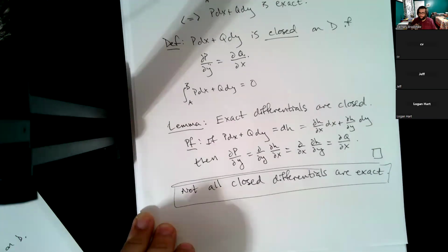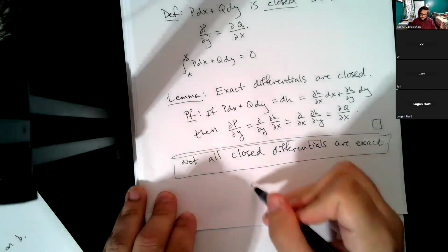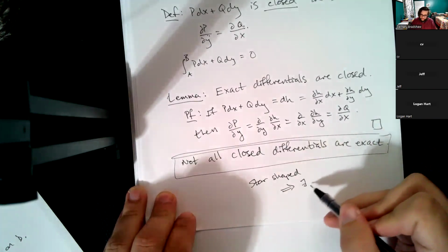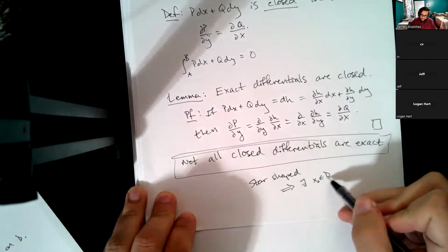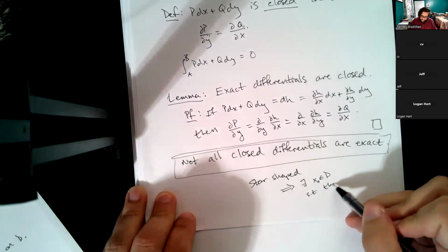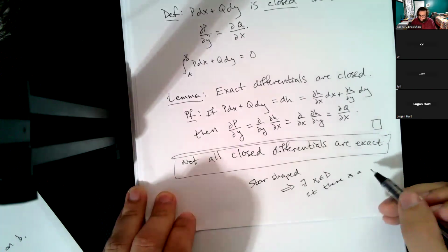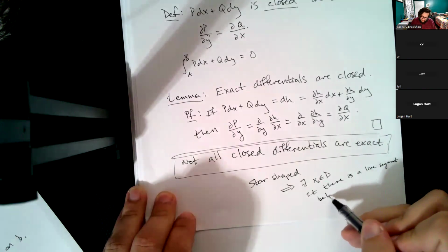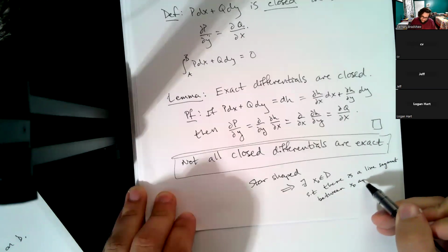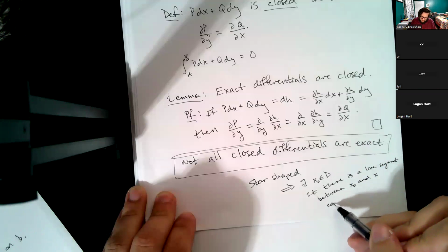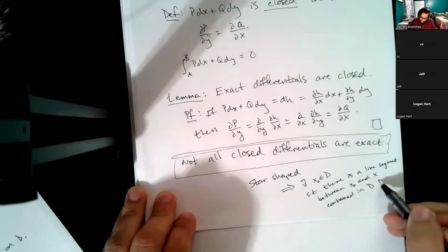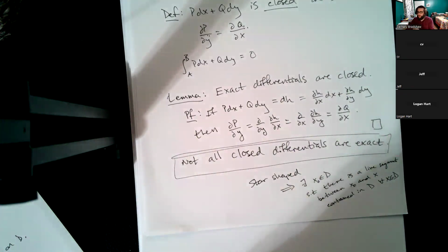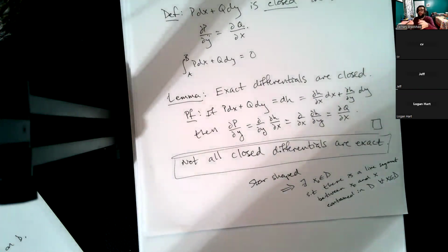I should explain. A star-shaped domain is a domain where there is a point x0 in the domain such that there is a line segment between x0 and x contained in D for all other x in D. So there exists a point in my domain such that when I look around, I can see every other point in the domain.